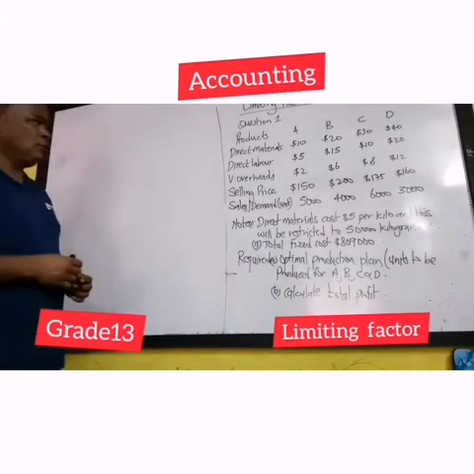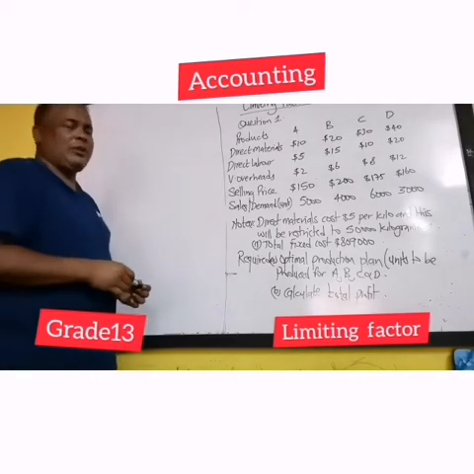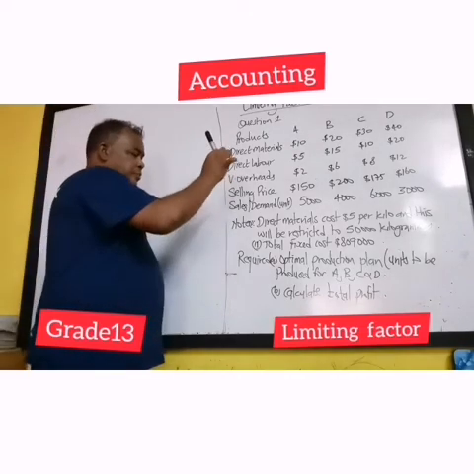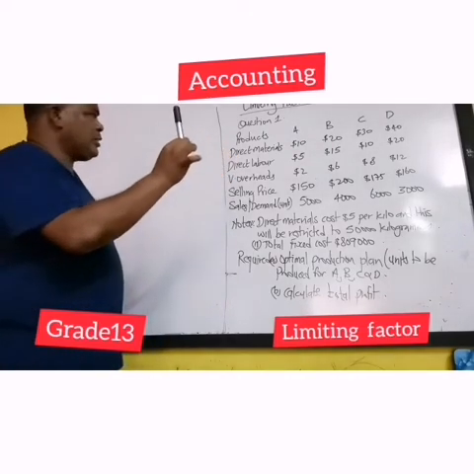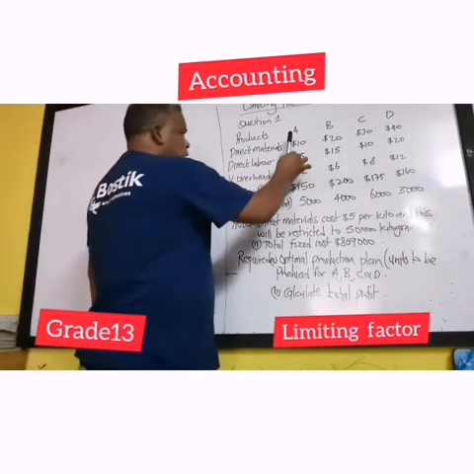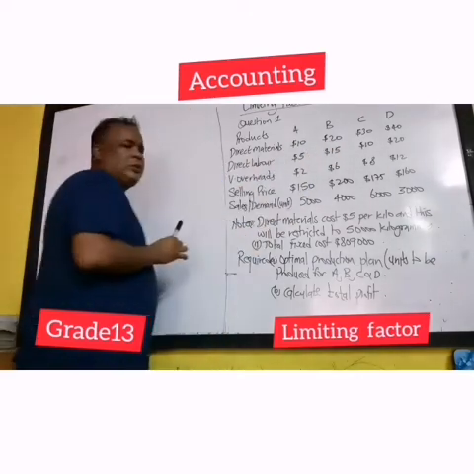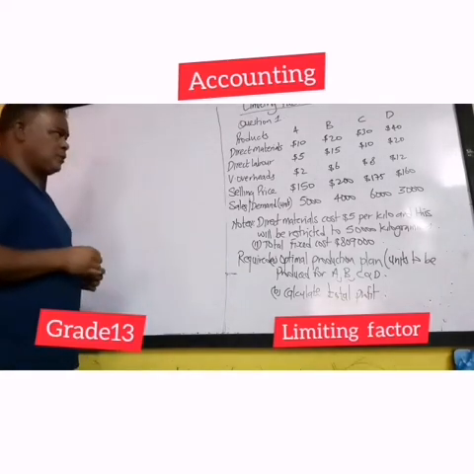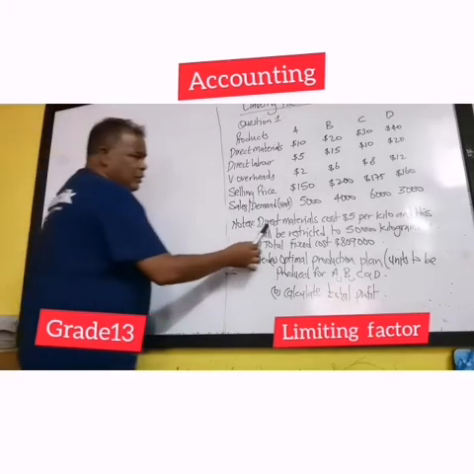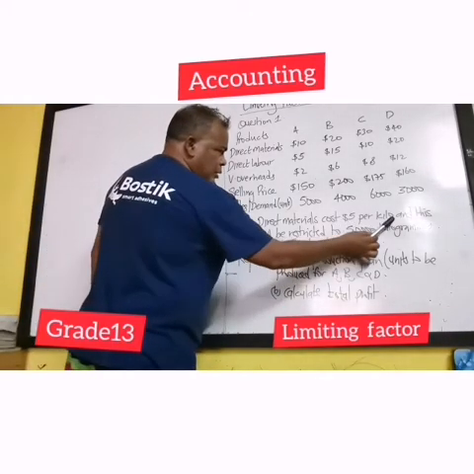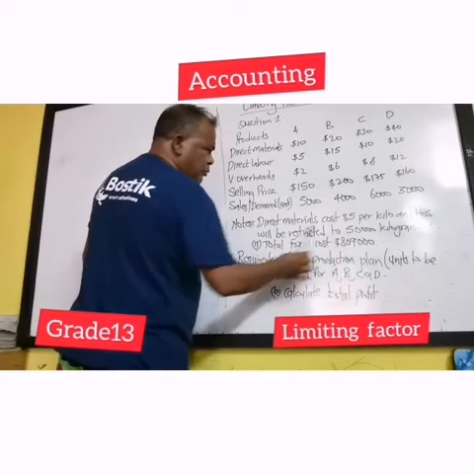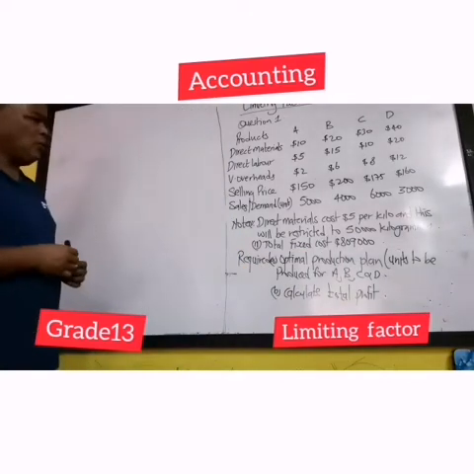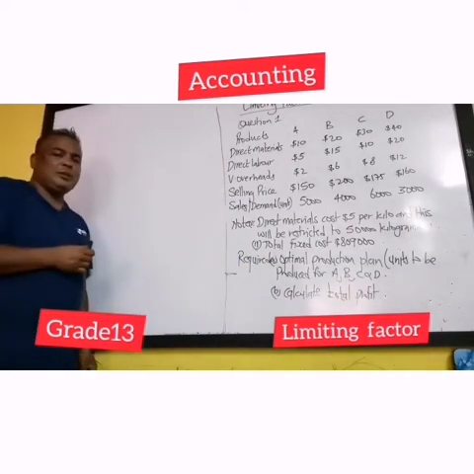So first of all, we know that when there is a limiting factor, we cannot produce all products because there is a limiting factor. Now, direct material costs $5 per kilo, and this will be restricted to 50,000 kilos. Therefore, materials is a limiting factor.